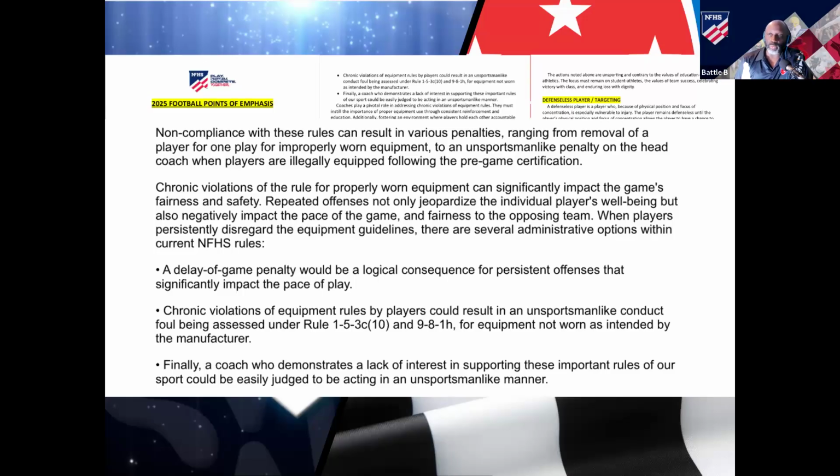Non-compliance with these rules can result in various penalties, ranging from removal of a player for one play for improperly worn equipment to an unsportsmanlike penalty on the head coach for a player not legally equipped following a pre-game certification. Chronic violations of the rule for properly worn equipment can significantly impact the game's fairness and safety.